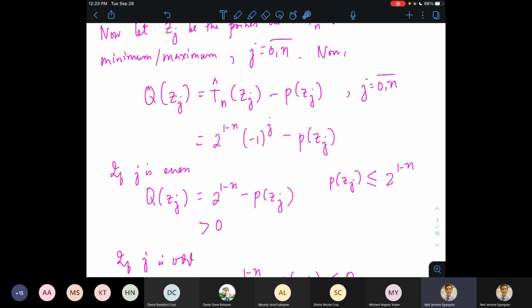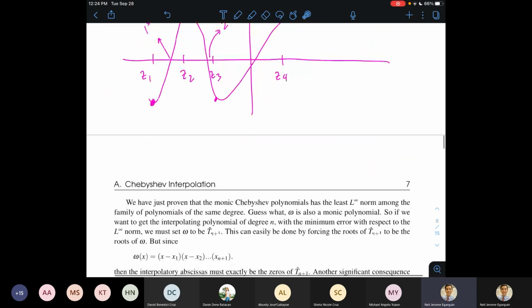So in the transition between them, there should be one moment wherein the graph of Q will intersect the x-axis. So that means there should be at least n times wherein dumaan tayo ng x-axis. Pero bawat isang daan mo sa x-axis, that is equivalent to having one root. So here we say that Q has n distinct roots.